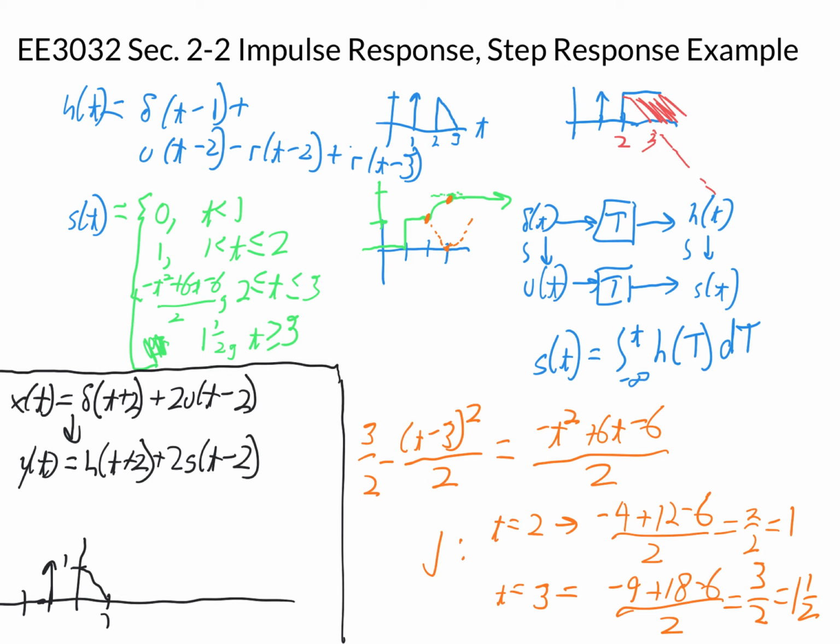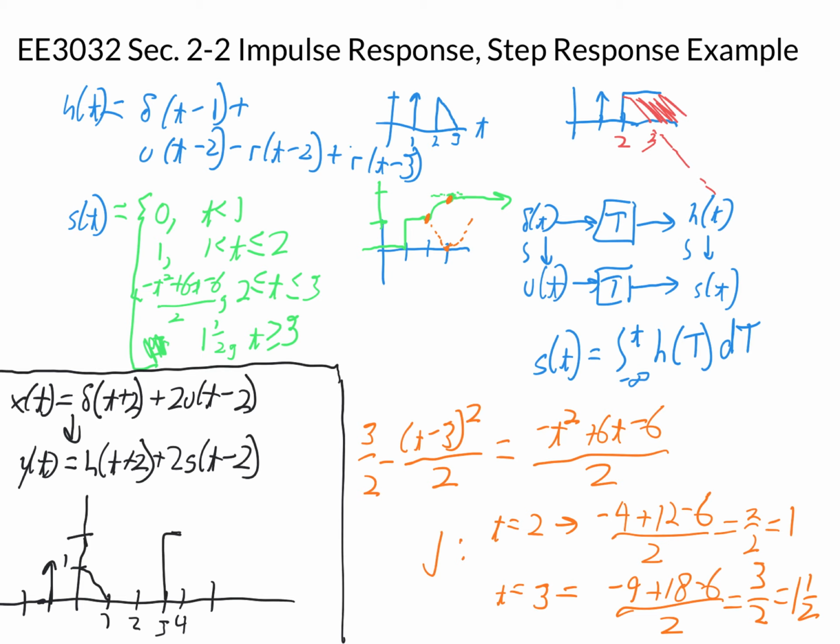Then we have to add in twice the step response delayed by 2 seconds. So instead of starting at 1 second, it'll start at 3 seconds, and it'll step up to 2 volts instead of 1 volt because it's doubled, and it will stay there for 1 second until we get to 4 seconds.